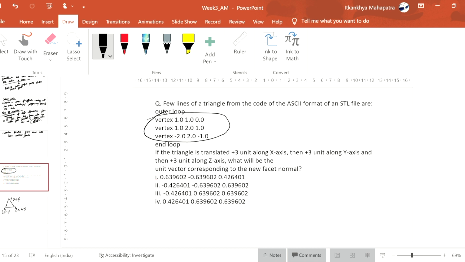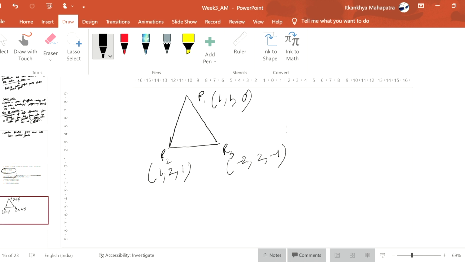So we need to completely ignore this part. We need not consider from here to here. We do not need to worry about this. Okay, so we will solve the question.